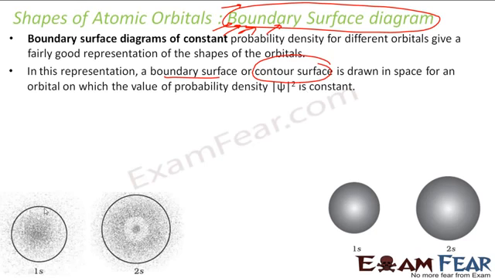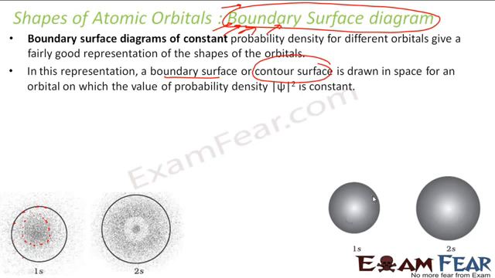For example, at this point, this point, the probability density is constant. So I'll draw one line. Here also it's constant, so I'll again draw one circle, but with a lighter color, because the color will decide the probability. And thus, if you keep drawing, you'll get something like this, right?